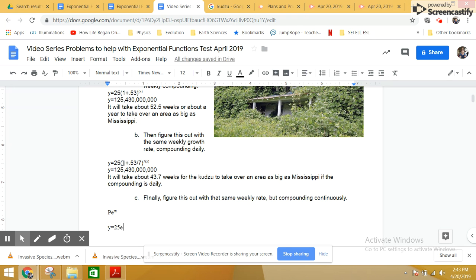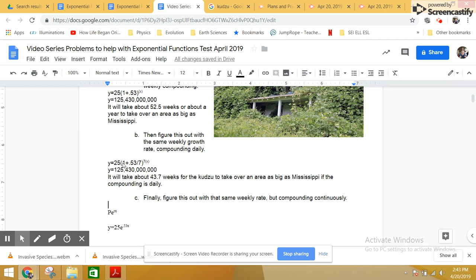If you type it into Desmos, Desmos is fine with you typing a letter E. It knows that you're typing Euler's number or the natural base. So then we raise that to our rate. It's a growth rate, so that's positive, 0.53. And we're not using t on Desmos, we'll use x, so 0.53 times x.